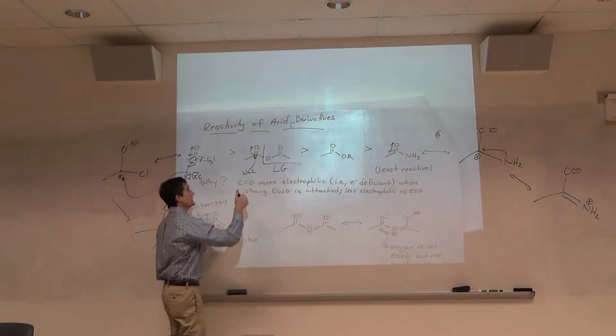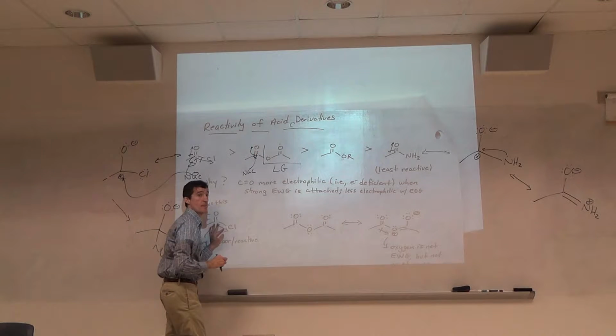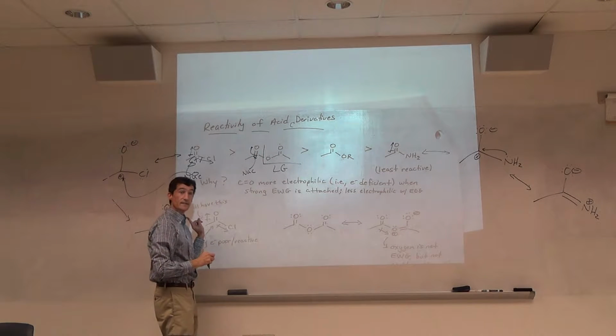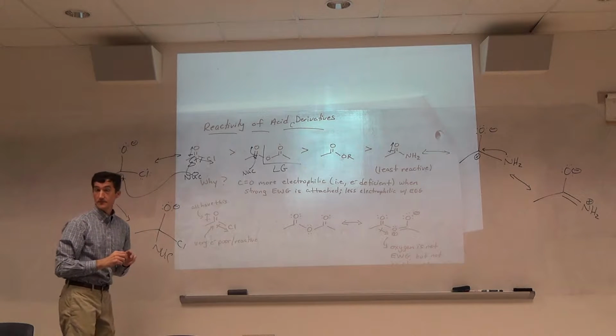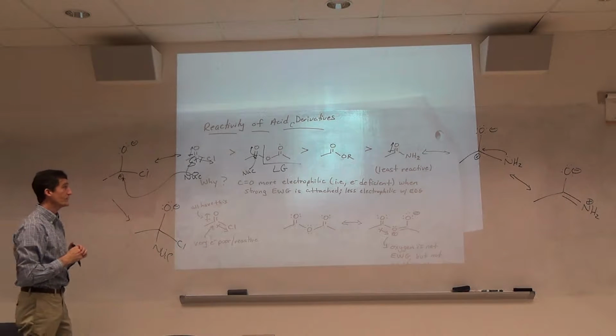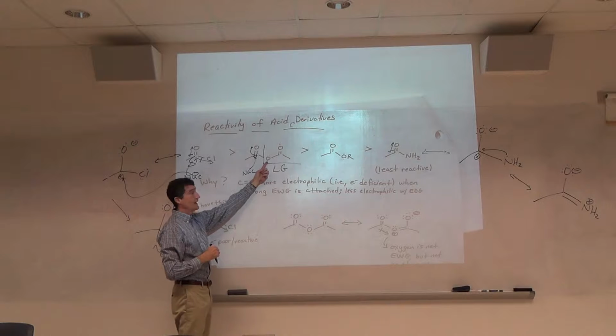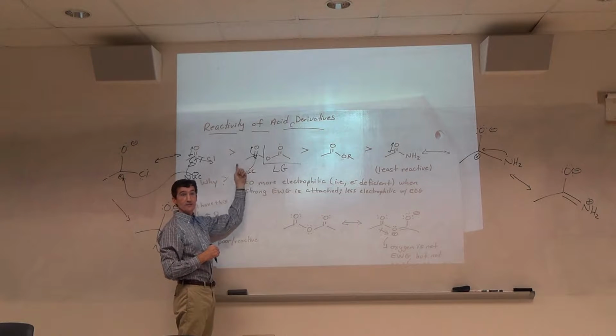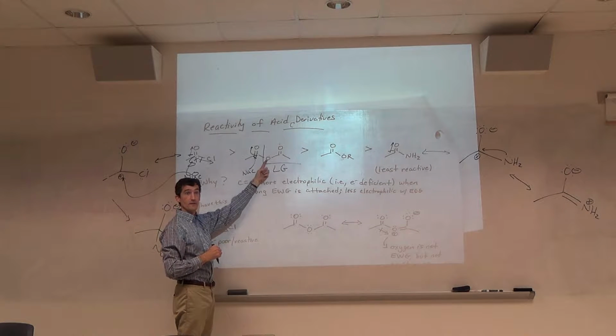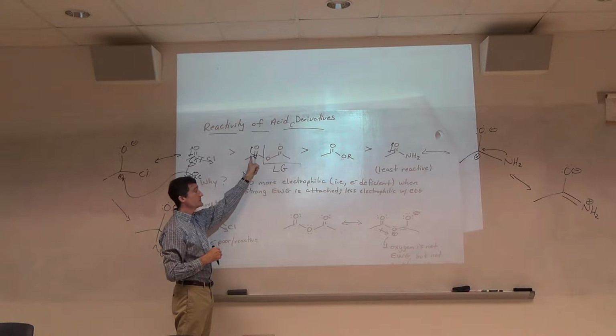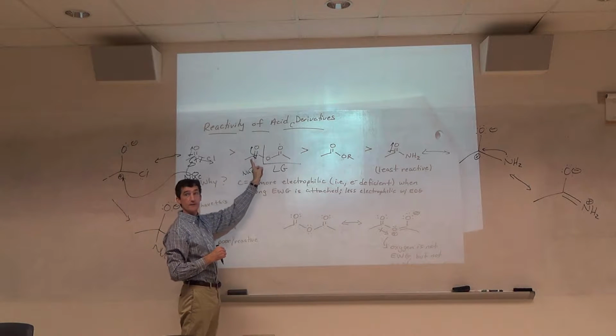Why does it not donate as much? Because it's busy donating the other way. It's like two-timing. It can't put all its electrons this way because it's busy putting some of its electrons that way.